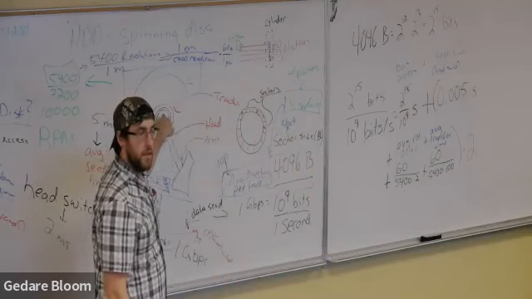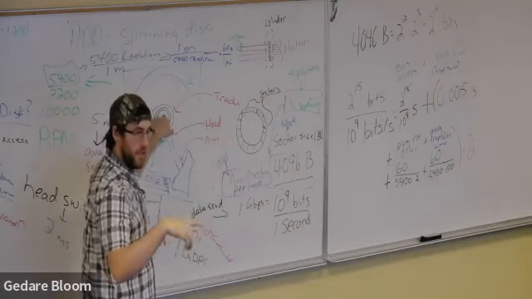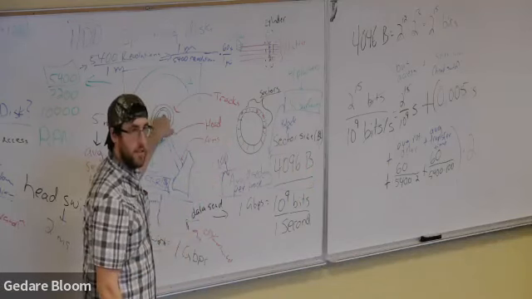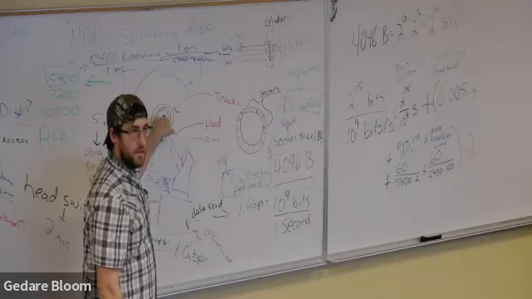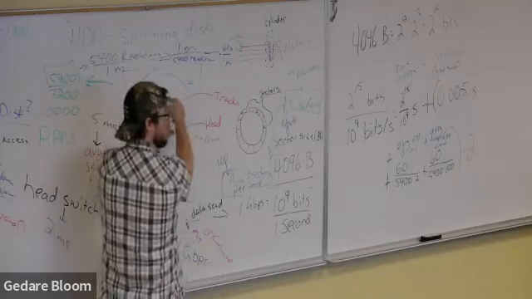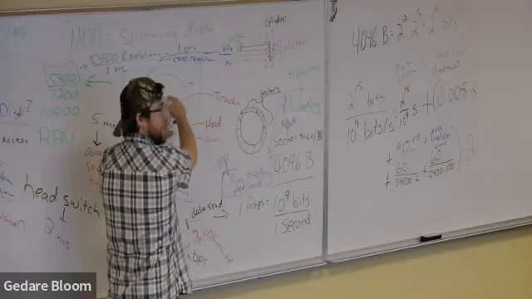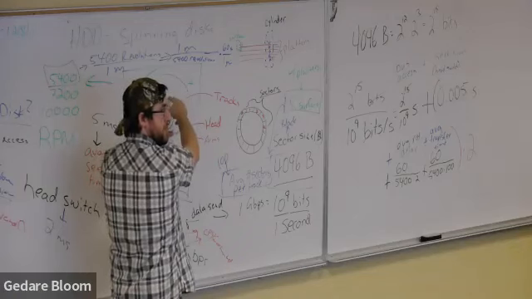Now, spin it clockwise. Just make sure you can spin it clockwise. Now, pretend your finger is the head, or use a marker, and as you're spinning it clockwise, just spin a little bit.